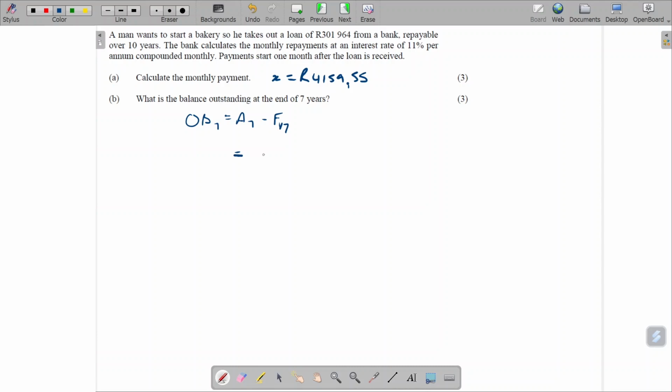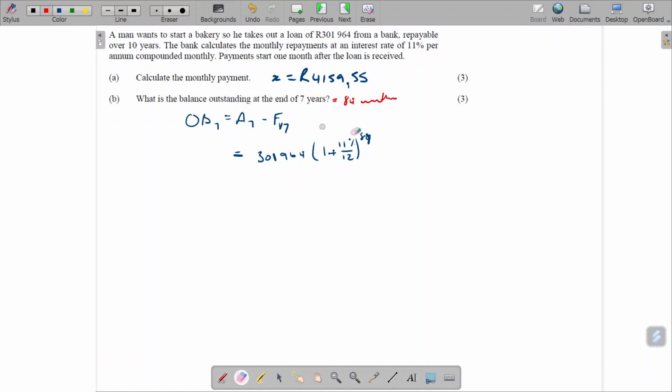So it would be what? His loan was 301,964 Rand, times 1 plus 11% over 12 to the power of 84. Remember, 7 years is the equivalent of 84 months, so that is why there's an 84 there.